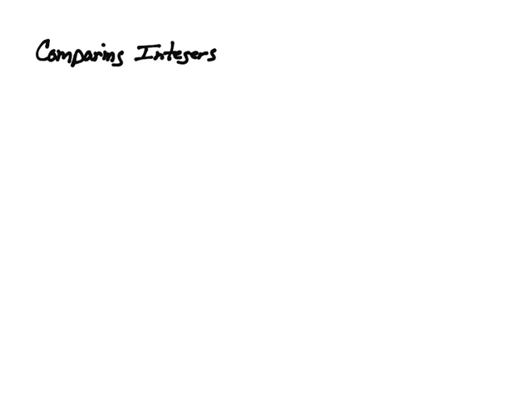All right, so a couple of examples. I want you to compare 3 and -5. Number 2, I want you to compare -5 and 0. For number 3, I want you to compare 6 and -1.